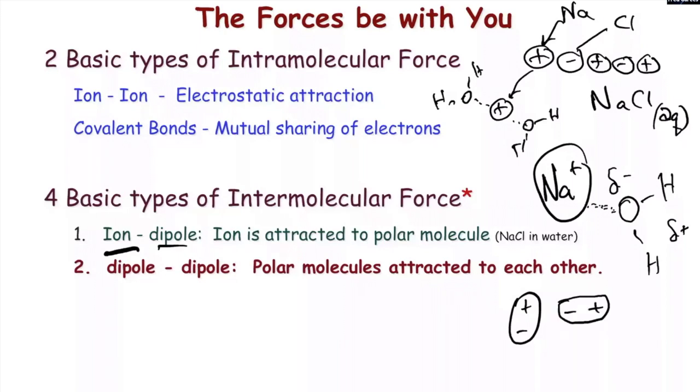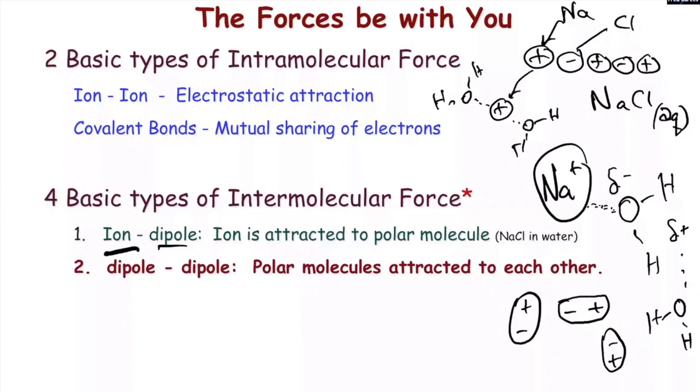Opposites attract. And so that's the mechanism by which something dissolves, okay? When you put water molecules next to each other, the water molecules will orient themselves so that the partially positive end of water is going to be attracted to the negative end of another water molecule.